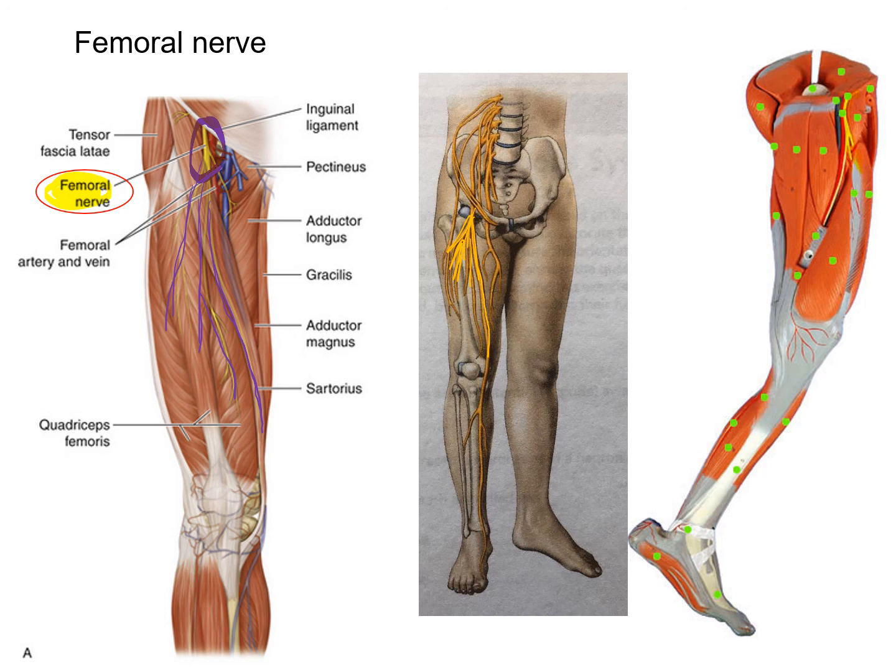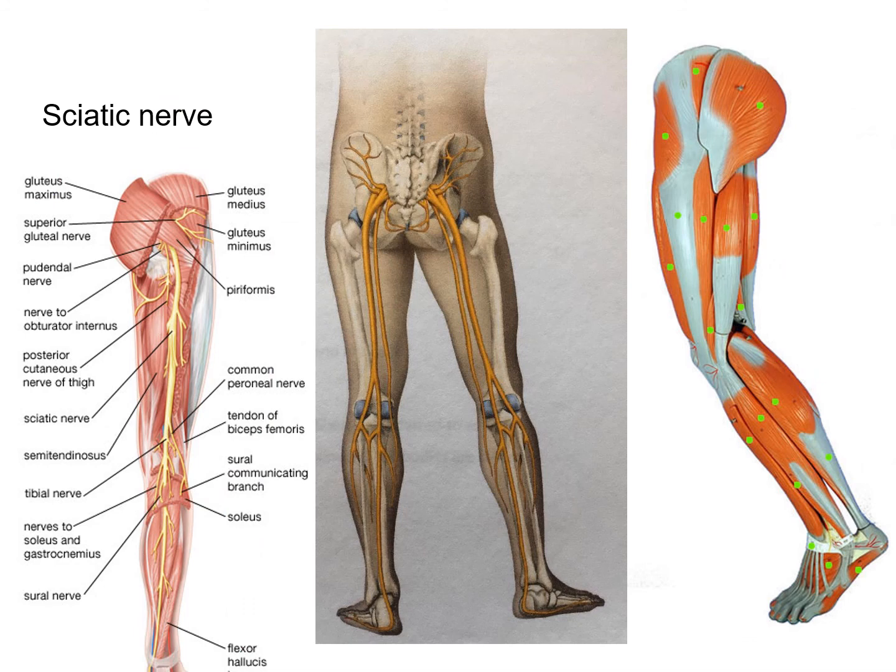I'm circling it in yellow right now, and you can see its branch extends down this way, and then underneath the quadriceps femoris muscles. Right? So you can see just a small part of it right in there, running parallel to the femoral vein and artery. And lastly, we get to the sciatic nerve.